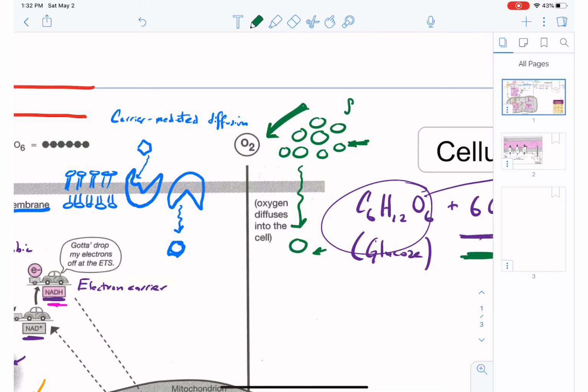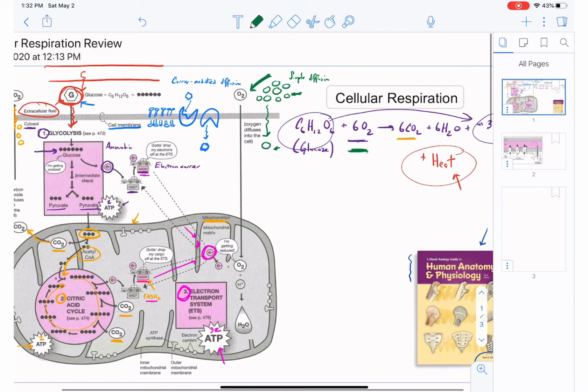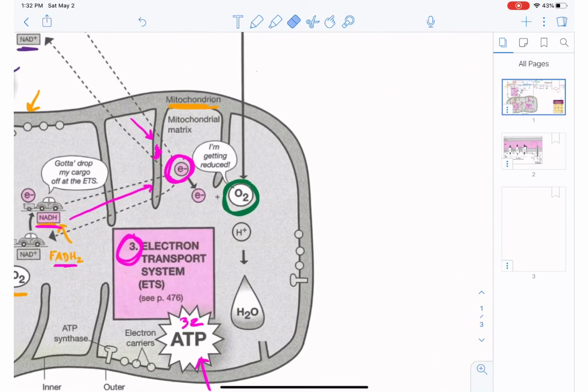And again, that's called simple diffusion. And then what you can see is that oxygen moves down into the mitochondria, and it's going to be involved in this electron transport system.